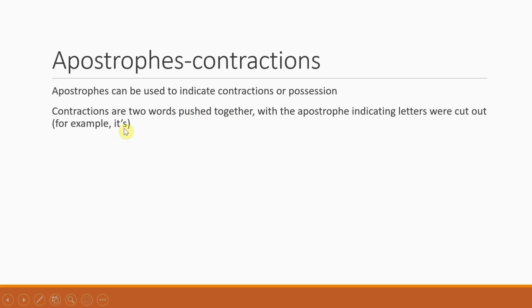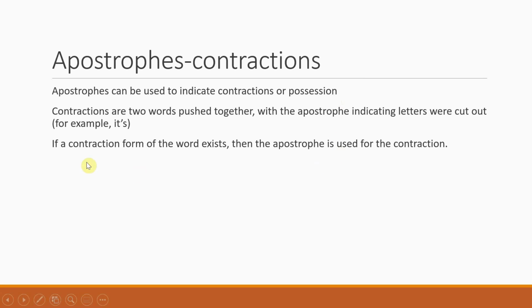That is just it is squished together with an i taken out, so that apostrophe is saying, hey, we took out a letter here, and the space between the two words. Possession, by the way, I'll cover on the next slide, but that's indicating that something is owning or possessing something else. That doesn't have to be legal possession, but it can just say it belongs to that first word.